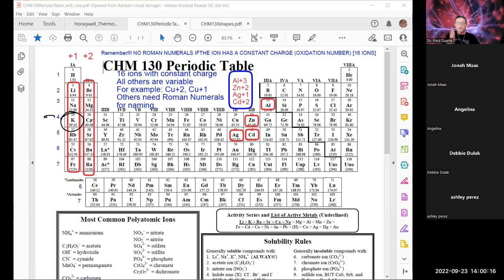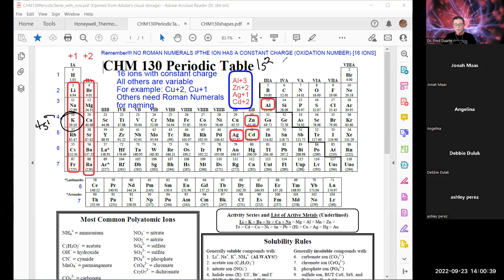It is in the first column of the S block. And given that it's in period number 4, that tells me that the outermost layer would be simply 4s1, okay? 4s1. So now I can quickly go fill up the electron configuration.